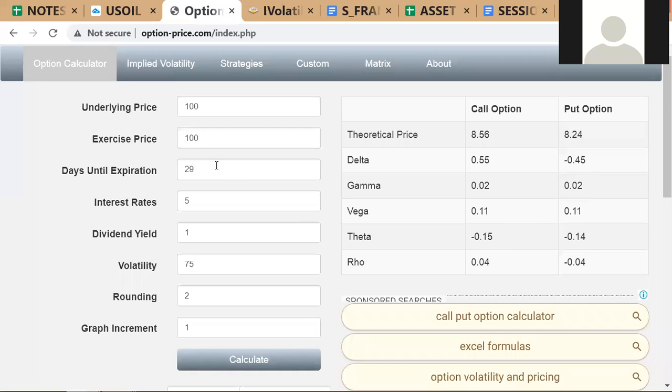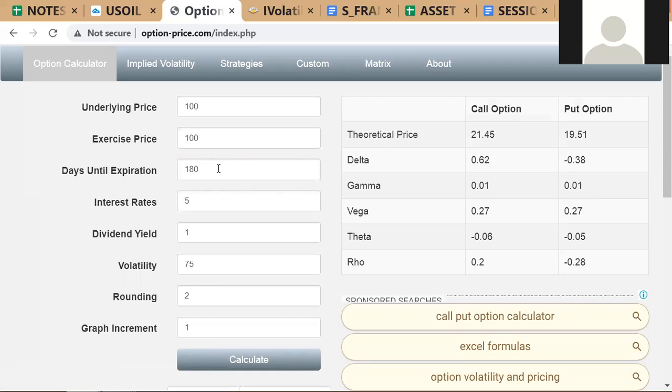If you bought a 6-month option, initially, 180 days, you look at the option price, it's 21.45. You keep the vol the same.